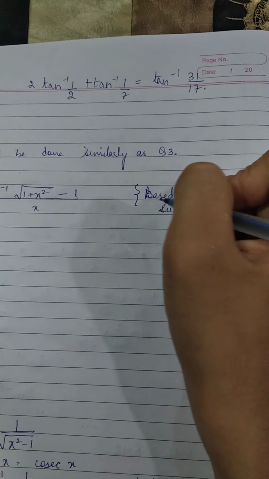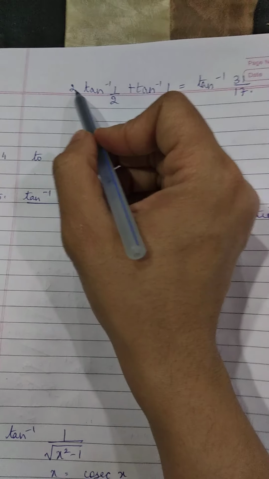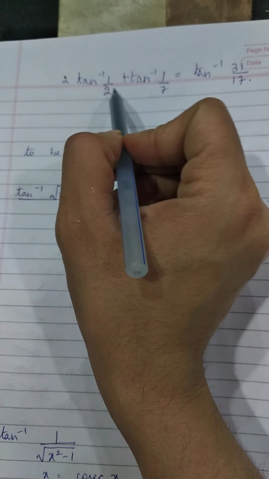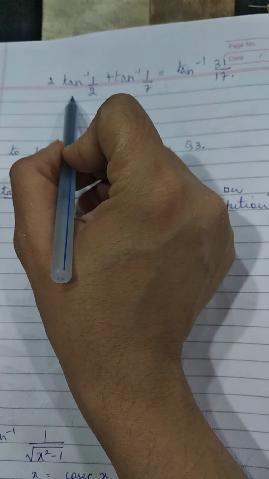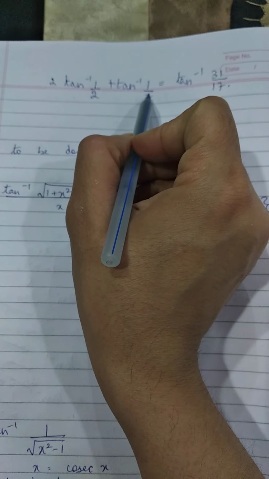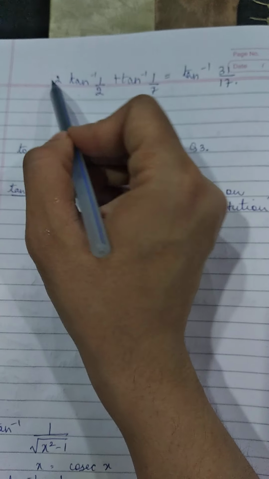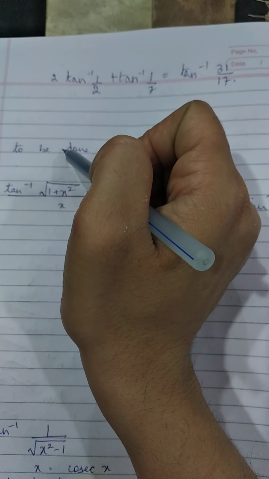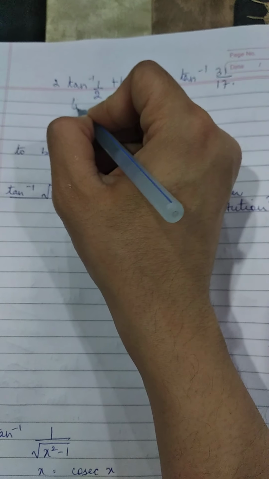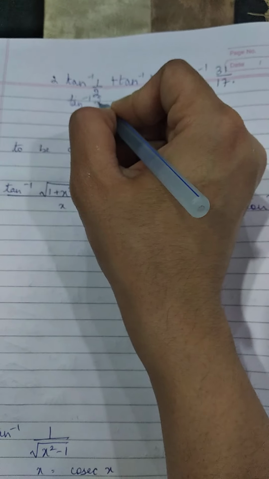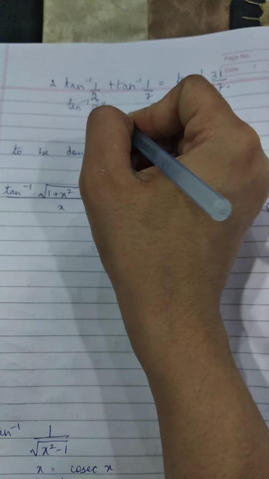This is what you are supposed to prove in this particular question. First of all, we can apply the formula. Here we won't be going directly with tan inverse x plus tan inverse y because we have a 2 over here, right? So we'll apply the 2 tan inverse x formula, that is tan inverse of 2x upon (1 minus x square).